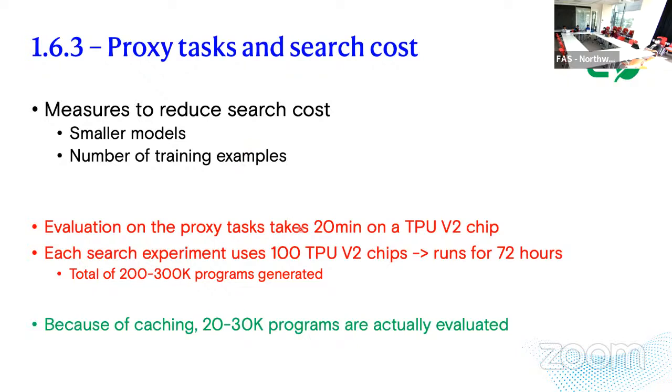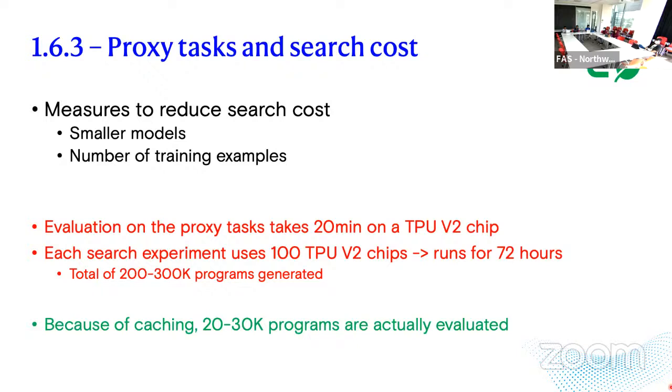So evaluation of a proxy task takes around 20 minutes on a TPU chip. After this process, there are a couple more steps done to select methods that generalize well. I haven't included that in my presentation, but there are more steps to filter out the best performing ones.